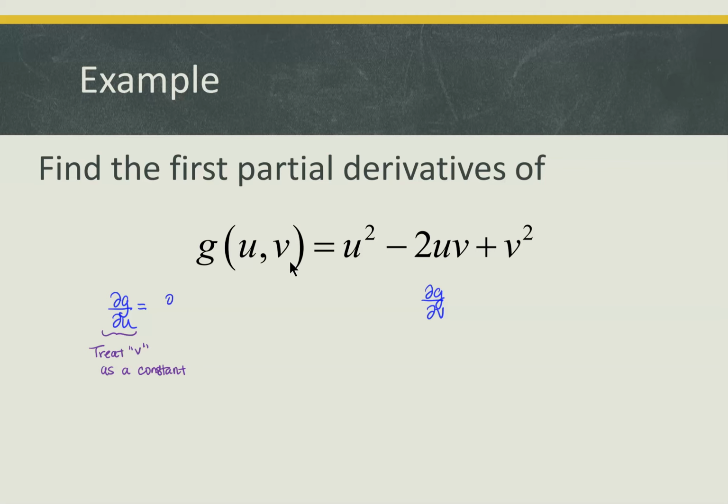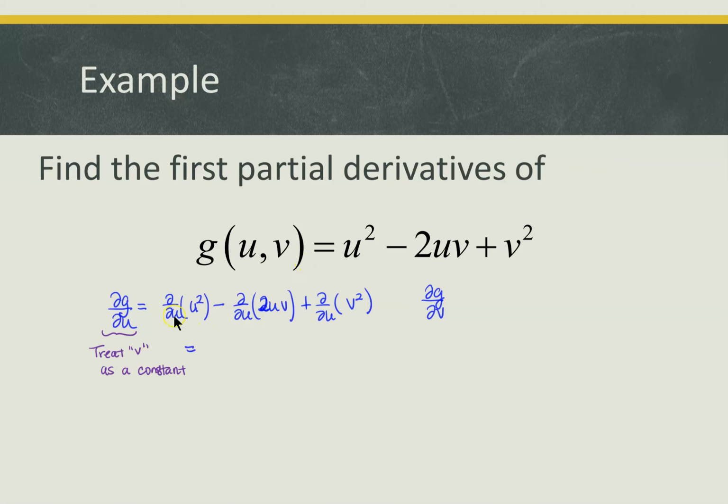So we're going to take the partial with respect to u of u squared, minus the partial with respect to u of 2uv, let me make sure that looks like a 2, plus the partial with respect to u of v squared. Now keep in mind we're treating v as a constant.